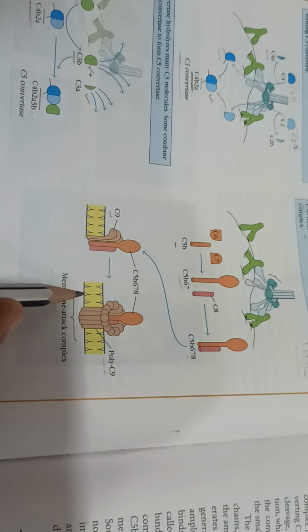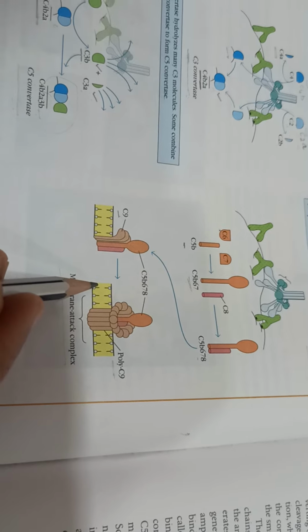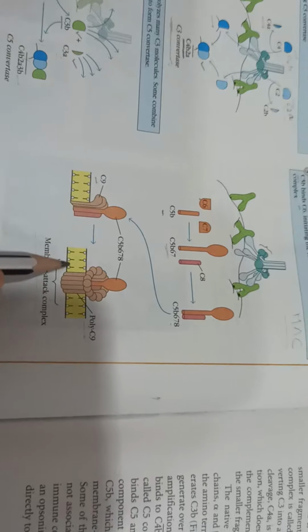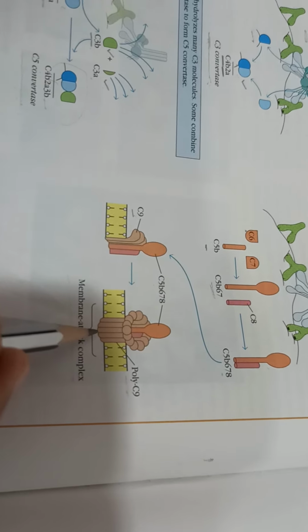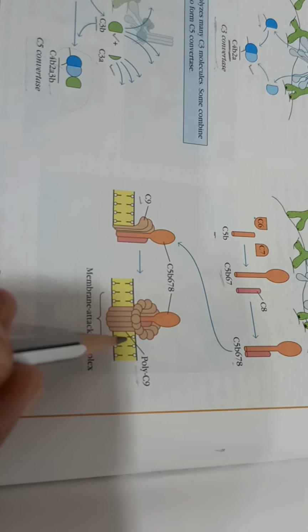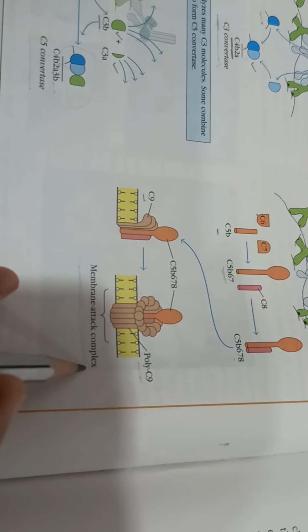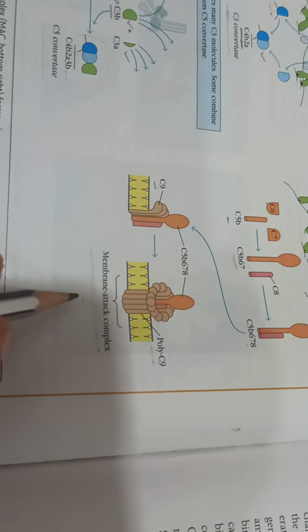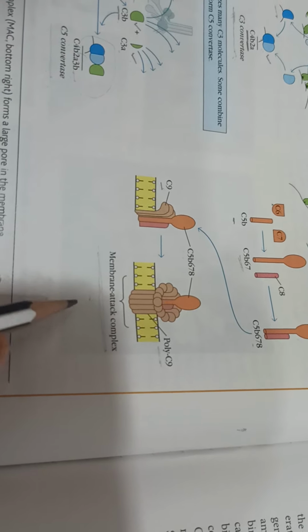This membrane attack complex is going to form pores in the cell of bacteria or any other target cell. It forms a pore-like structure which will help in the leaking out of all electrolytes so that the cell will undergo lysis. Hence this is called the membrane attack complex, and this is how a bacterial cell or any other target cell undergoes lysis upon activation of this complement system.